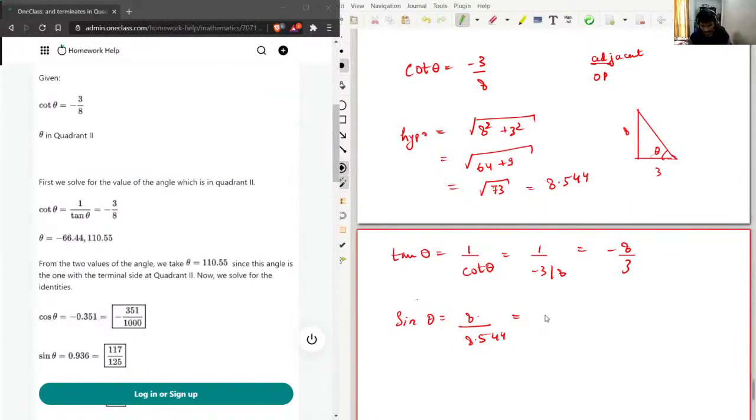Correct, I'm getting the correct answer. Cosine of theta will be adjacent over hypotenuse, 3 over 8.544, which is 0.35112.